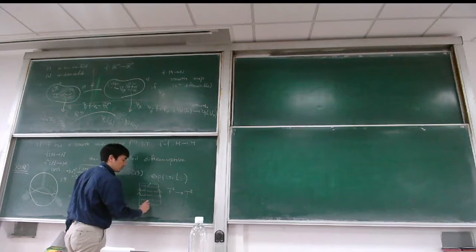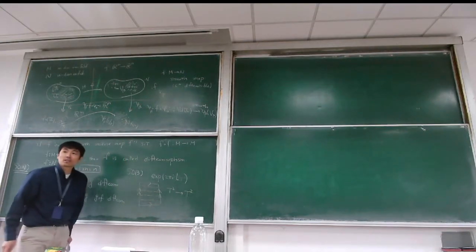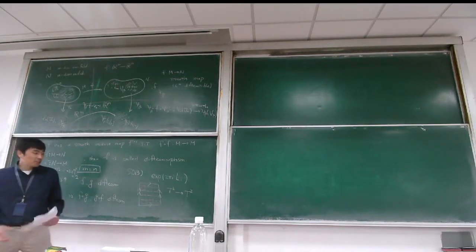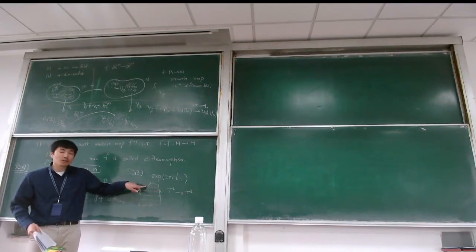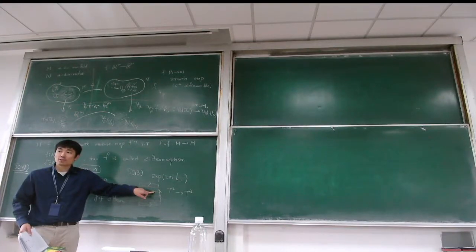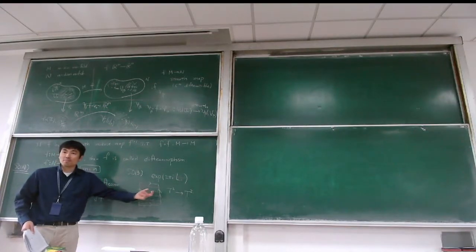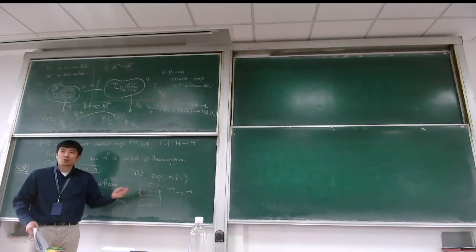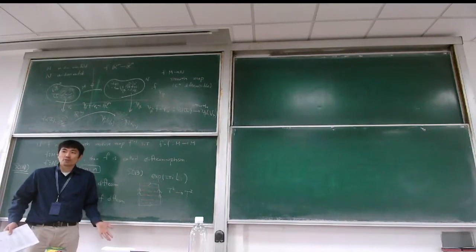So this point goes to this point. That will give a map from T2 to T2. Of course, it's invertible because you just go back to the original point, and it's a one-to-one map, and it's smooth.